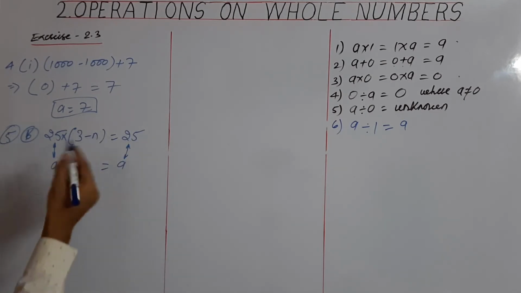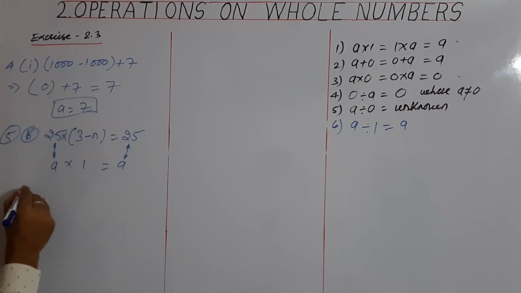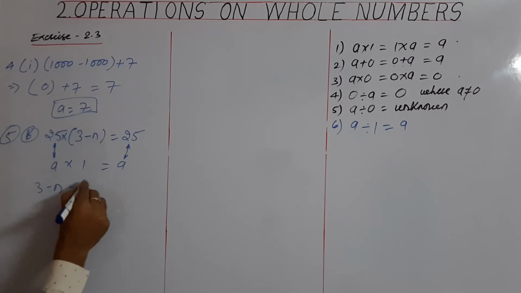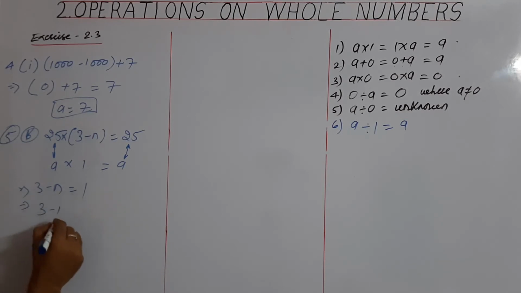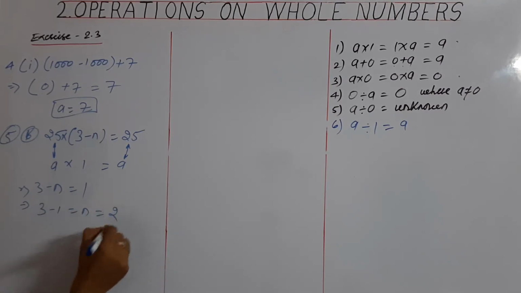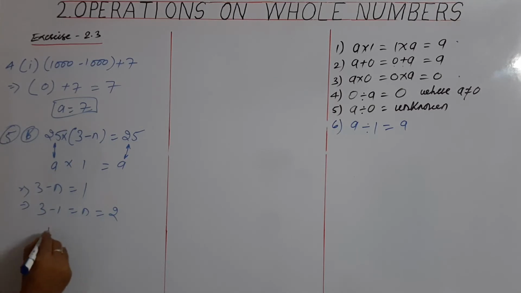So here by comparing, the value of 3 minus n must be equal to 1. So by shifting, 3 minus 1 equals n, so n equals 2. So the answer is 2.